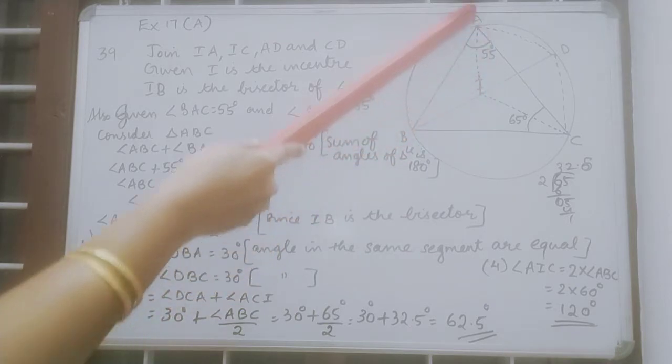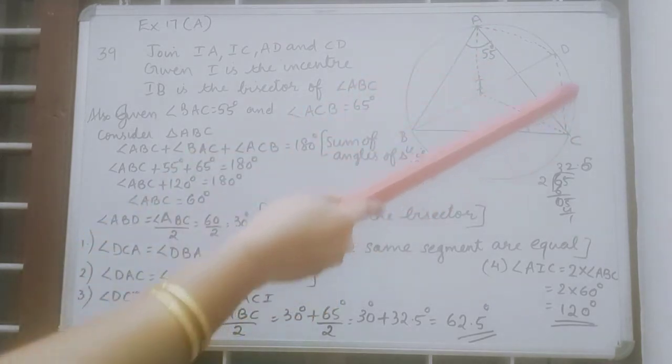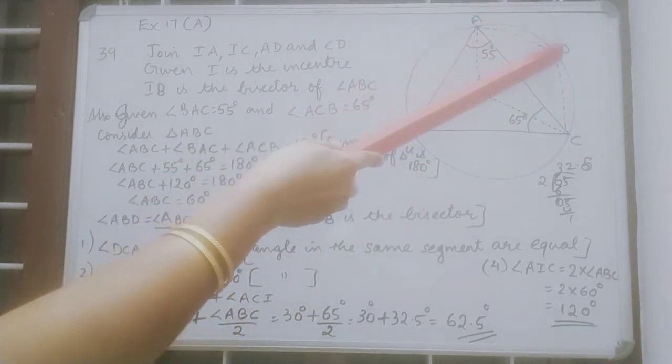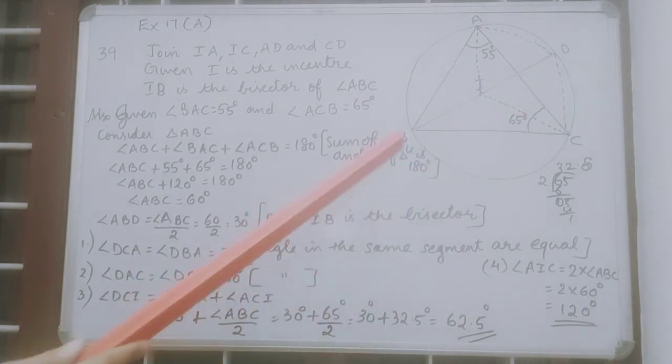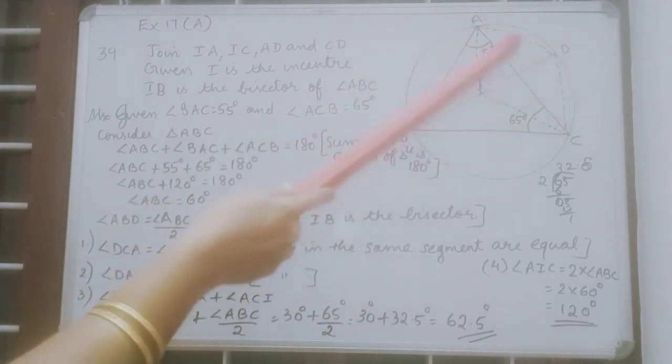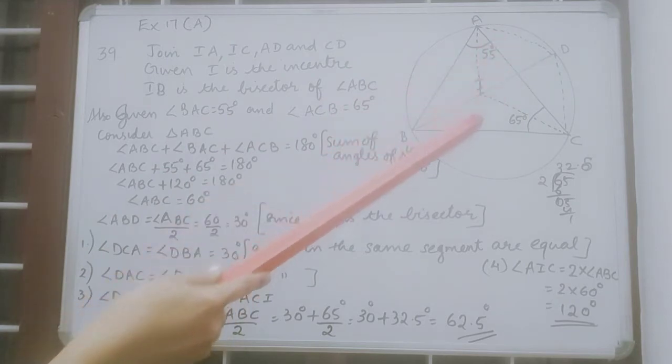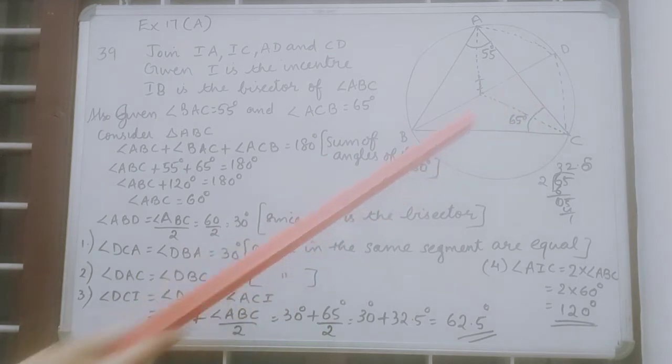Join IA, IC, AD and CD. Also given angle BAC is equal to 55 degrees and angle ACB is 65 degrees. It is there in the question.